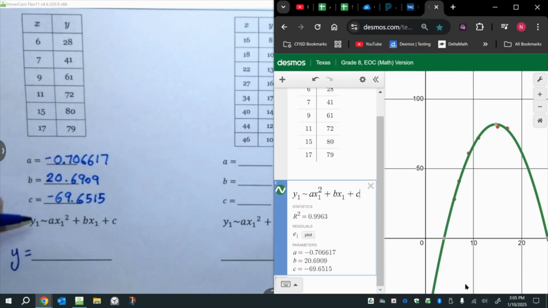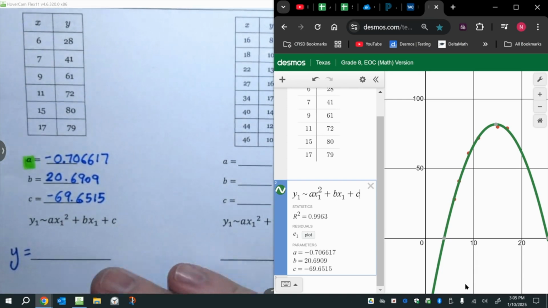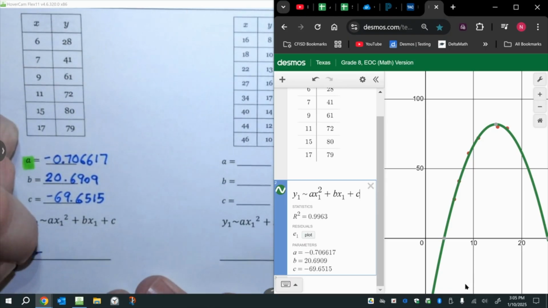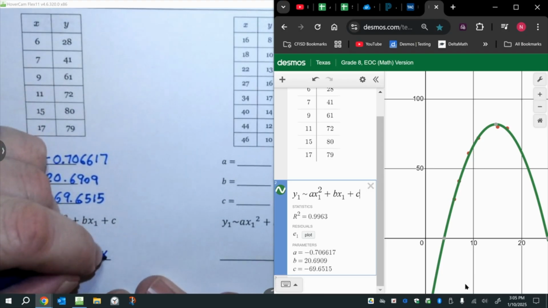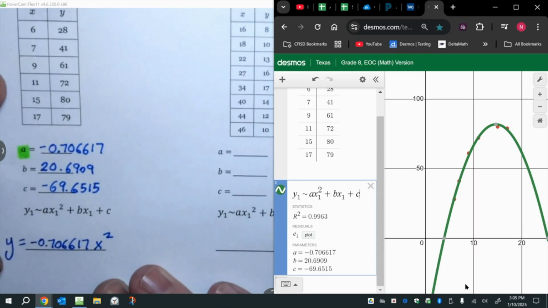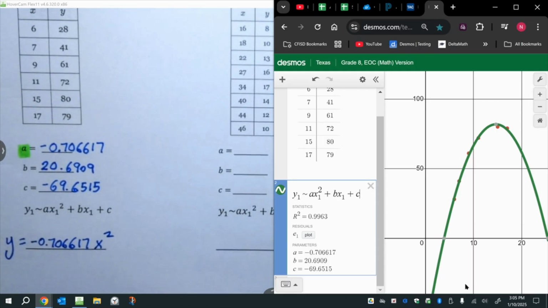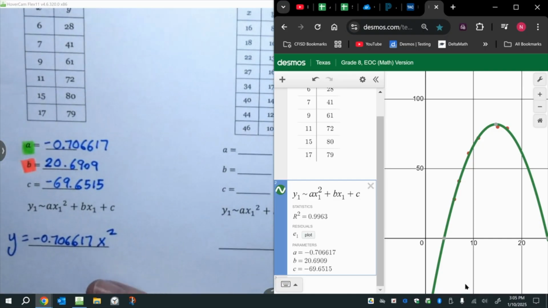So it's going to read y equals, okay, and we're going to say A is negative 0.706617 x squared. And then we're going to put our B value. Our B value comes next.